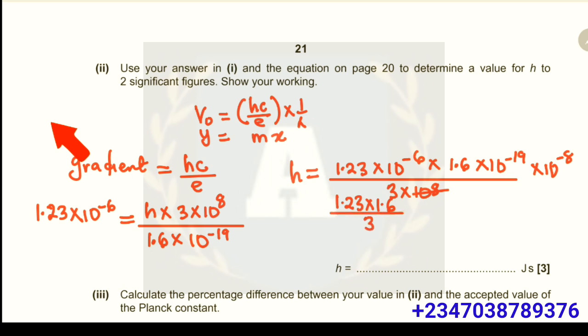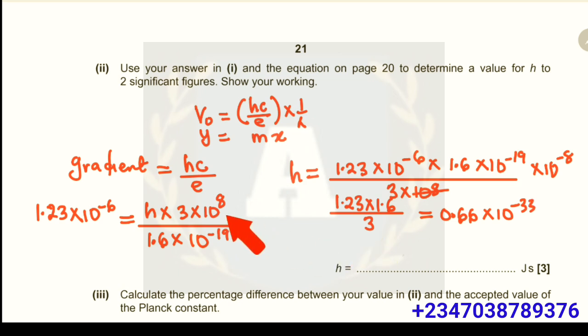So what does that give? That's 0.66 times 10 to the power of minus 19 minus 6, that is minus 25, minus 8, so that's going to be minus 33.